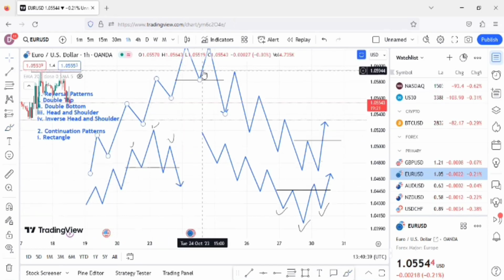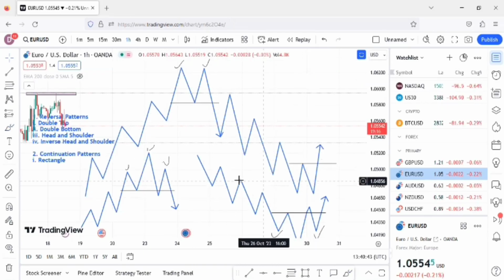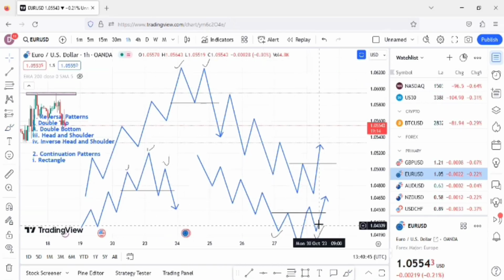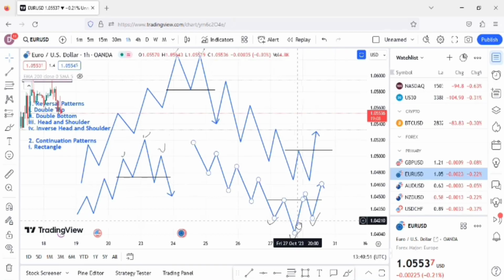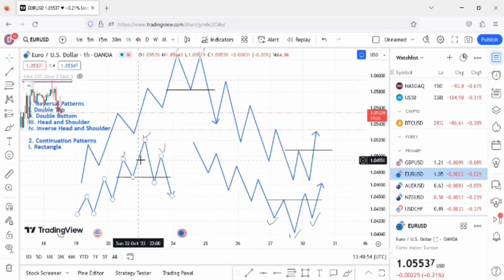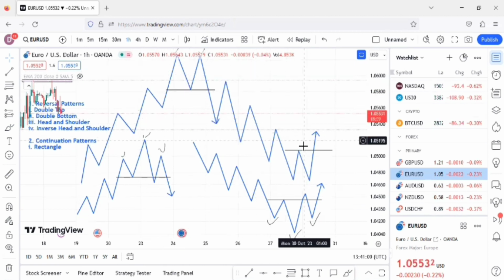So we have the double top, the double bottom, the head and shoulders, then the inverse head and shoulders. The inverse head and shoulders is found at the bottom of a trend, while the head and shoulders is found at the top of a trend. The double top is found at the top of a trend, while the double bottom is found at the bottom of a trend.